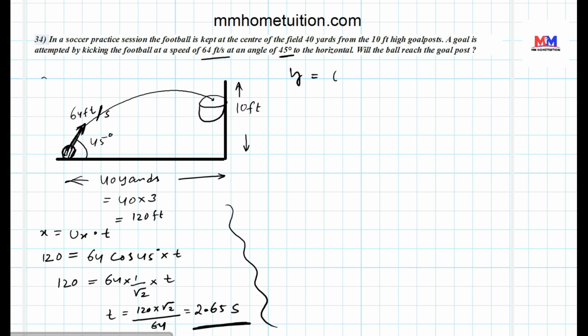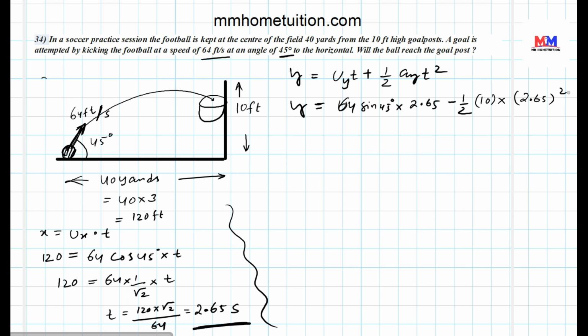y equals u_y t plus half a_y into t square. So y we have to find, whether it will reach at this position. u_y equals 64 sin 45, into t, t equals 2.65, minus half, acceleration is minus g, into t square. t is 2.65 whole square.